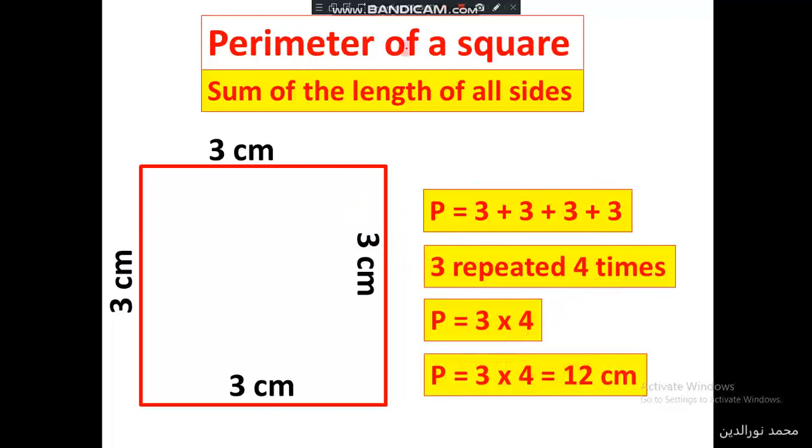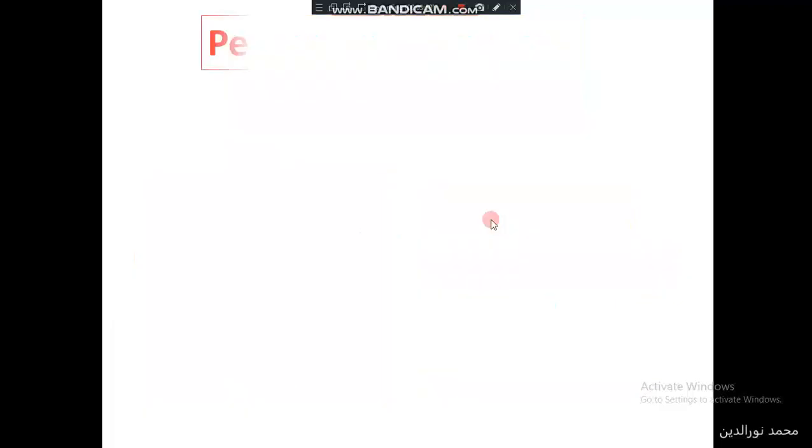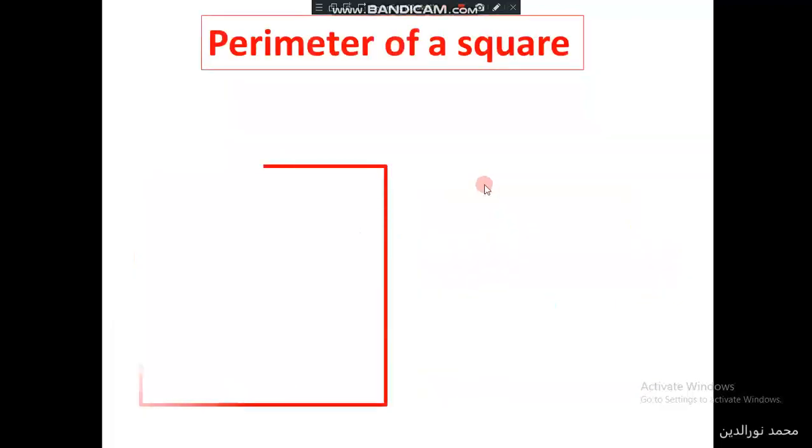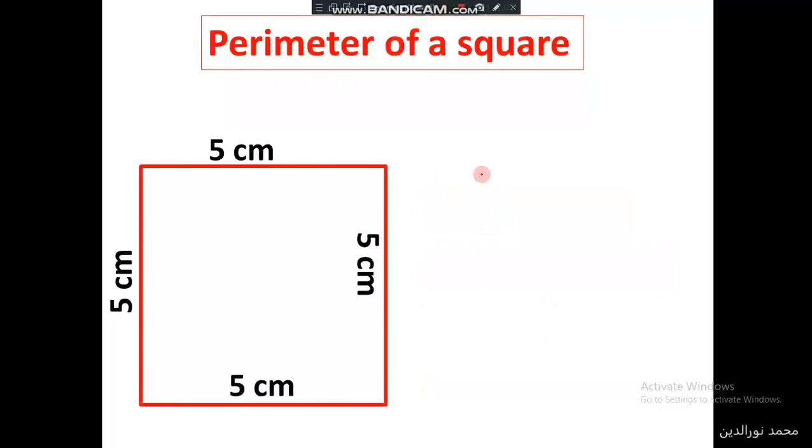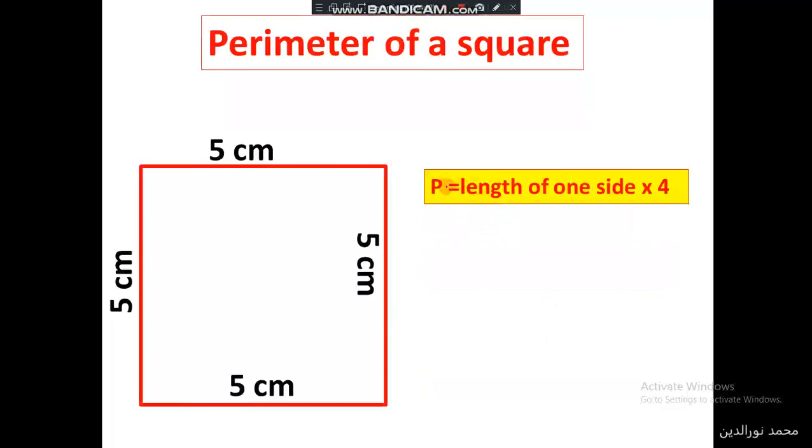The perimeter is shorthanded as the letter P. The perimeter of this square is 12 centimeters. Another example, we have a square of 5 centimeters side. So the rule is the perimeter equals the length of one side times 4.